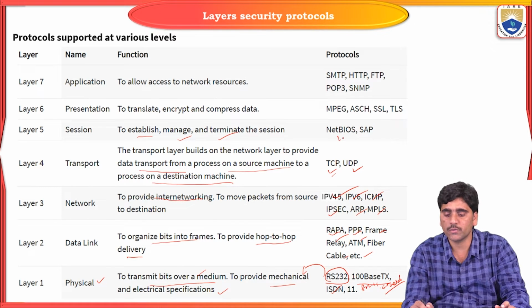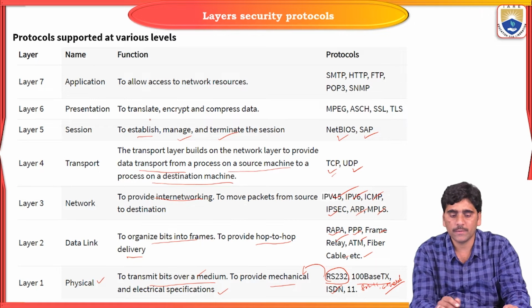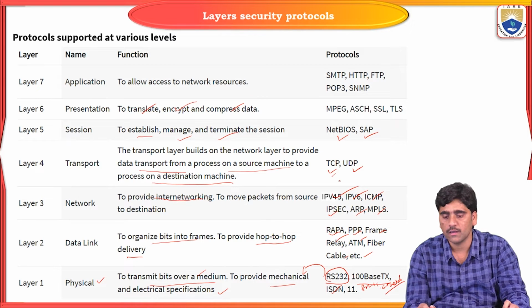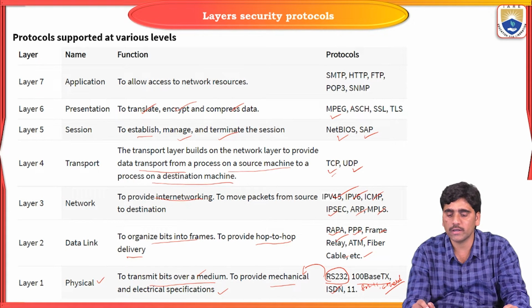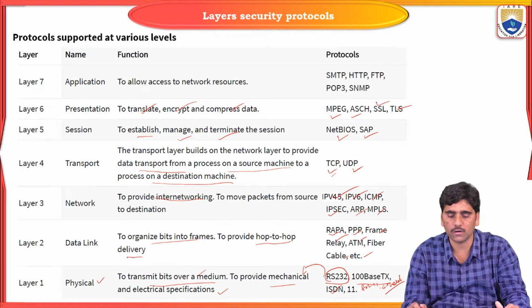So here are the protocols: NetBIOS protocol and SAP protocol. And the presentation layer provides the translation, encryption and compression of the data using different protocols like MPEG protocol, ASCII protocol, SSL protocol or Secure Sockets Layer, and Transport Layer Security, TLS protocol.